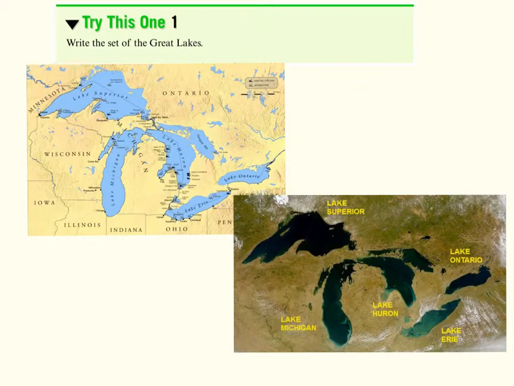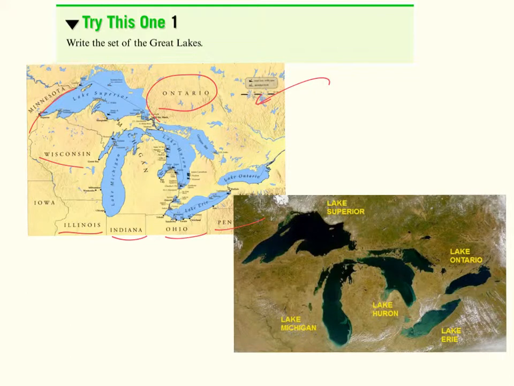I particularly love these 2 maps because the one on top gives a generic map that clearly lays out the shape and number of the lakes, and the states around them between Ontario, that's Canada, and Minnesota, Wisconsin, Illinois, Indiana, Ohio, Pennsylvania.